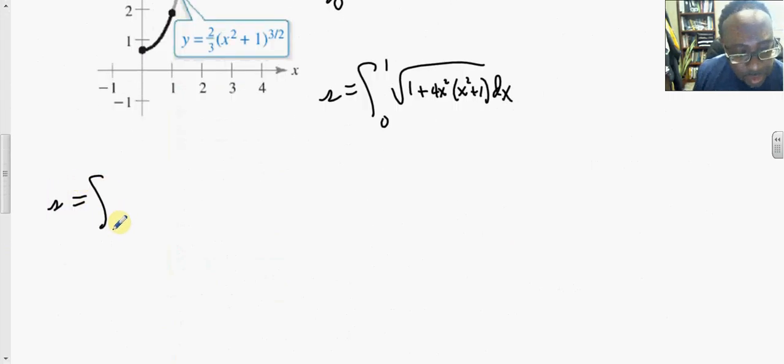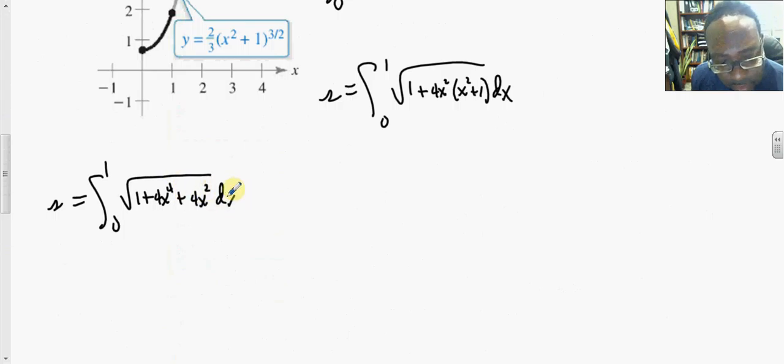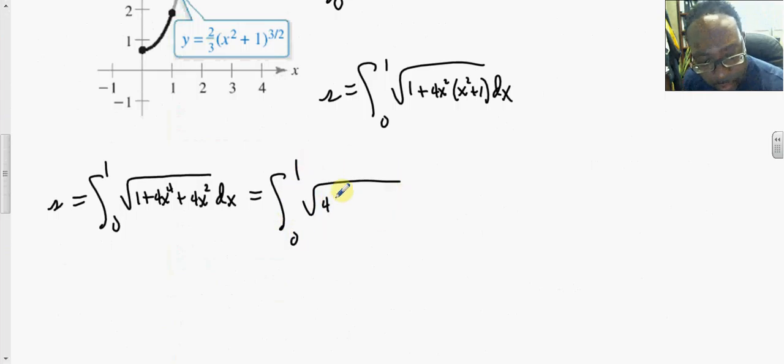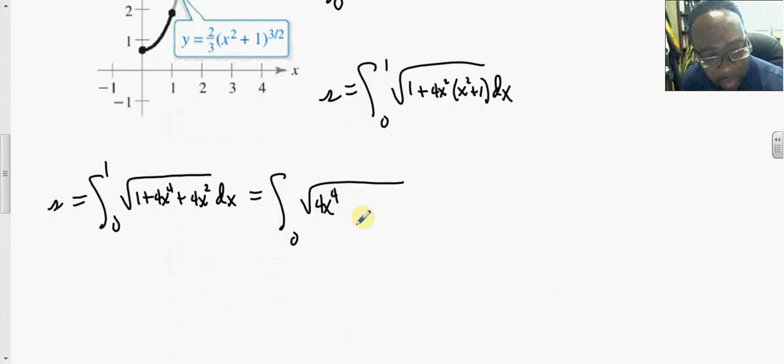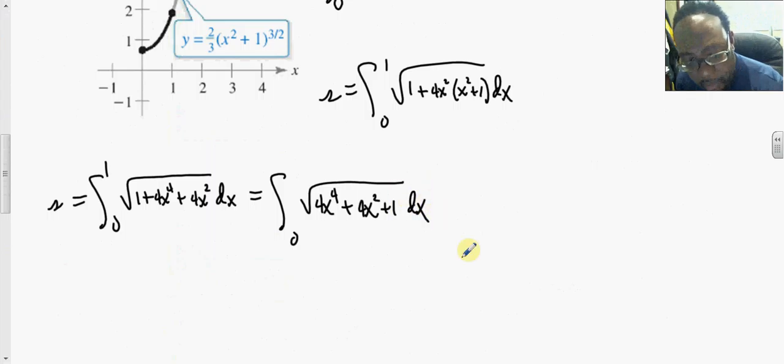So the arc length is the integral from 0 to 1 of the square root of 1 plus 4x to the 4th plus 4x squared dx. We continue to simplify. This is the square root of 4x to the 4th plus 4x squared plus 1 dx.